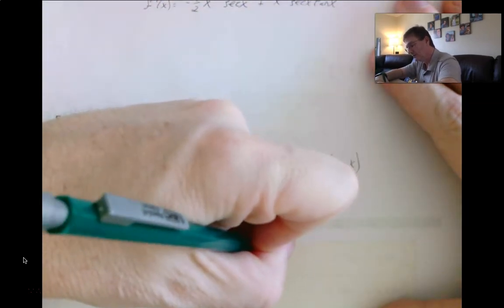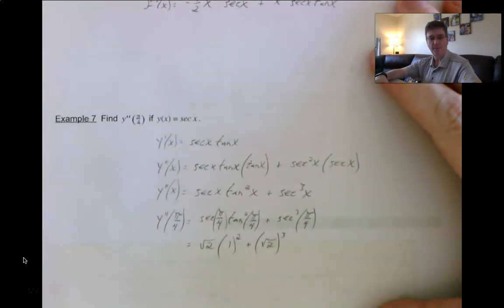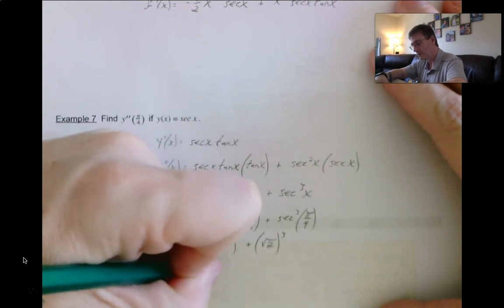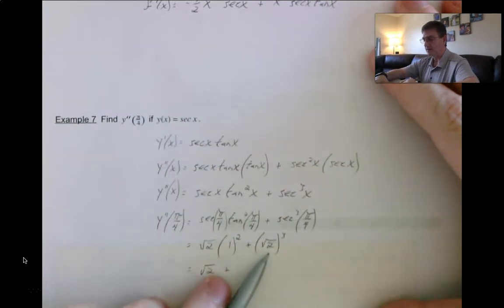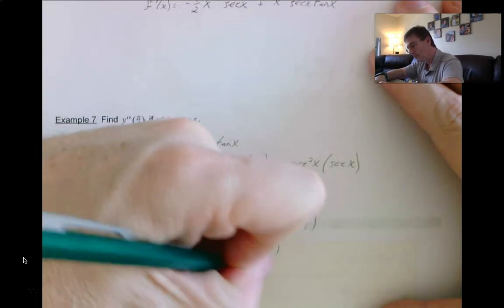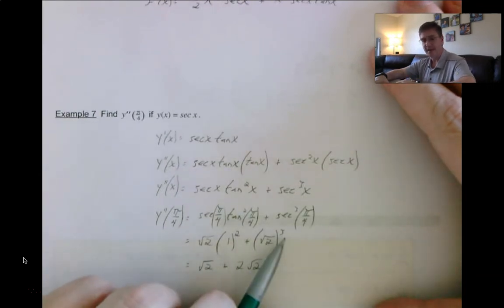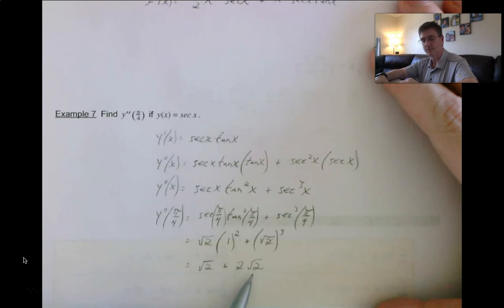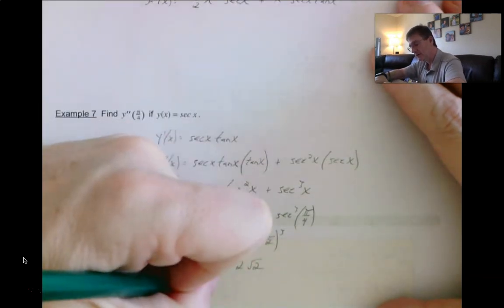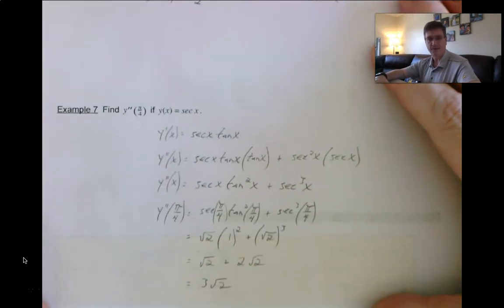Square root 2 cubed. So now we have square root 2 plus, this is square root of 8 or 2 square root 2 in simplest radical form. And 2 cubed is 8. Square root of that is 2 square root 2, which gives us a final answer of 3 square root 2. That's the answer to example 7.